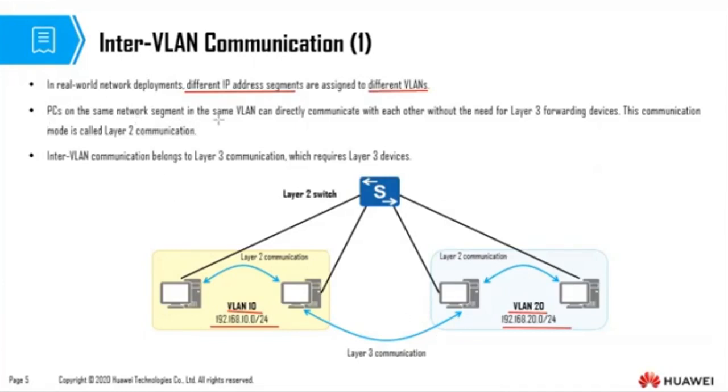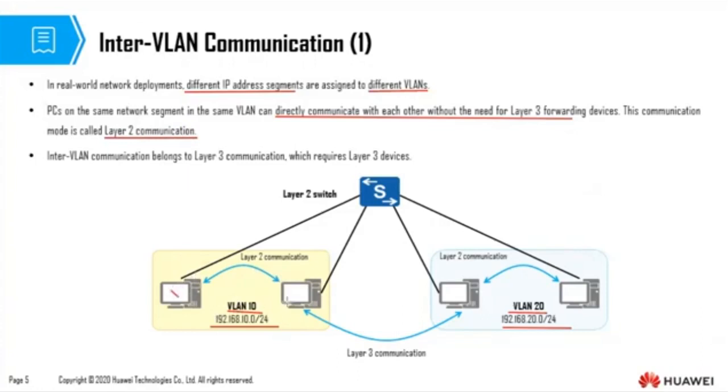PCs on the same network segment in the same VLAN can directly communicate with each other without the need of a layer 3 forwarding device. This kind of communication is referred to as layer 2 communication. So you're on the same VLAN, same network segment, so you're able to communicate.